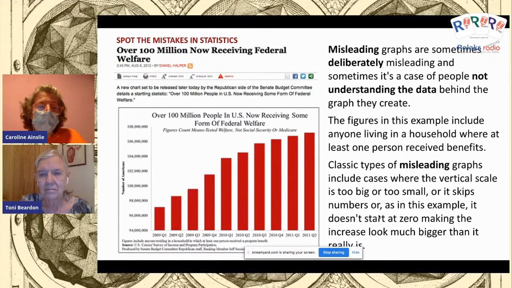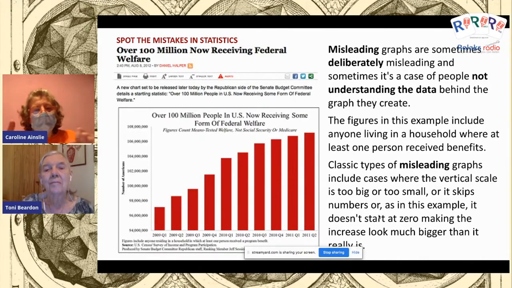Well, the trouble with statistics is that they can really tell a lie. And it can be just a mistake, or it can be a deliberate lie. The person who produced these statistics wants you to believe something, well, fake news.